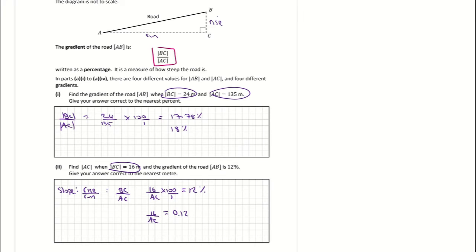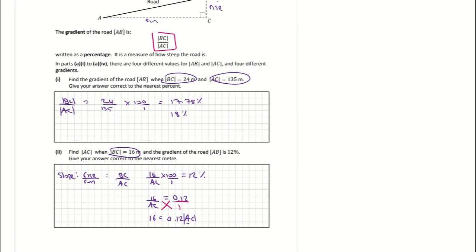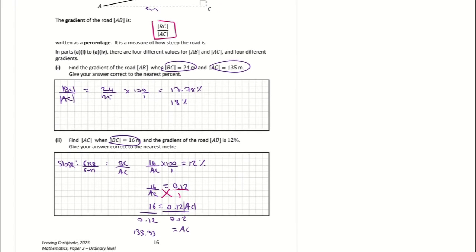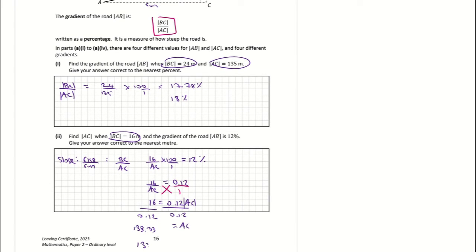If I cross multiply now to get rid of the fractions, that's giving me 16 is equal to 0.12 AC. So if I divide both sides by 0.12, I'll figure out what AC is. So AC is equal to 133.33. The question again said to the nearest meter, so 133 meters is equal to AC.